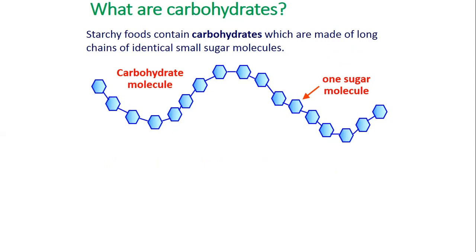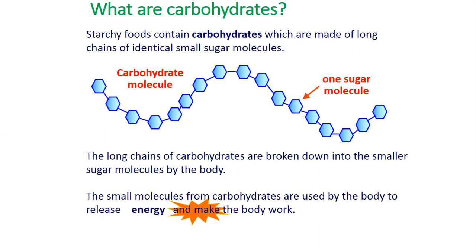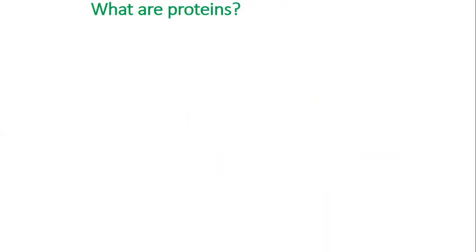One sugar molecule is the simplest unit of this carbohydrate. The long chains of carbohydrates are broken down into the smaller sugar molecules by the body. The small molecules from carbohydrates are used by the body to release energy and make the body work.